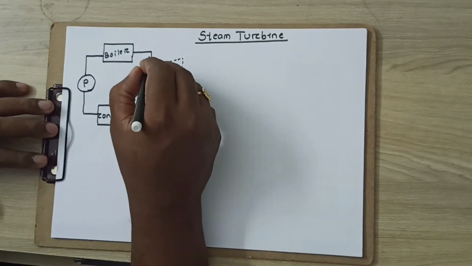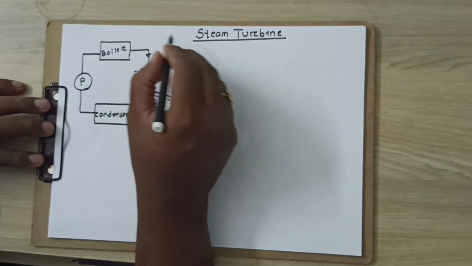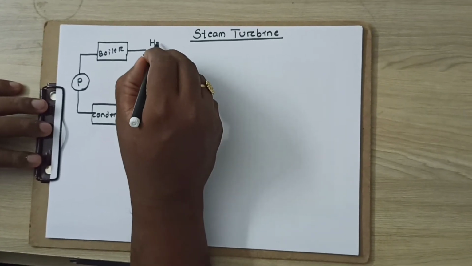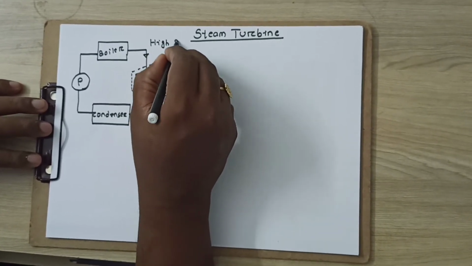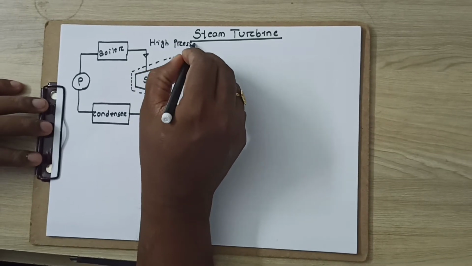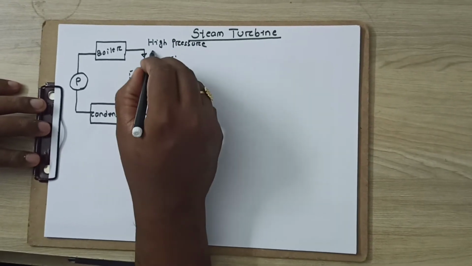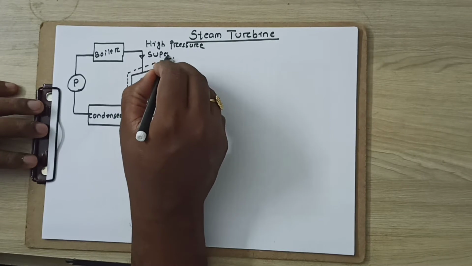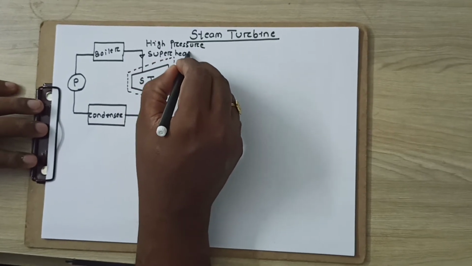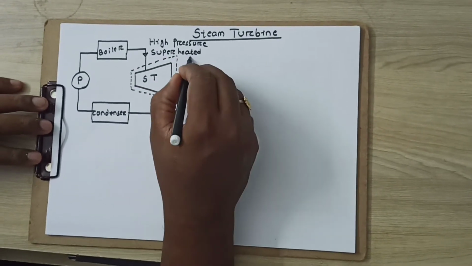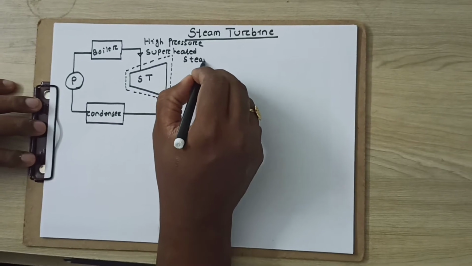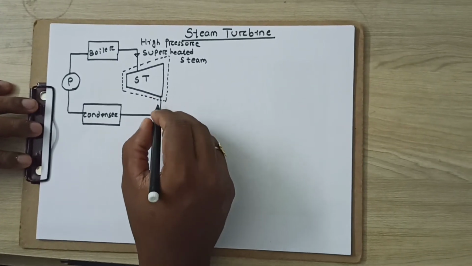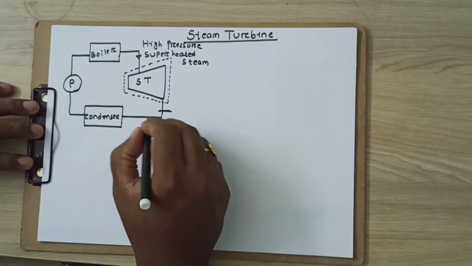So what is the input to the steam turbine? The input to the steam turbine is high pressure superheated steam, and the extract, here you will see what it is going.